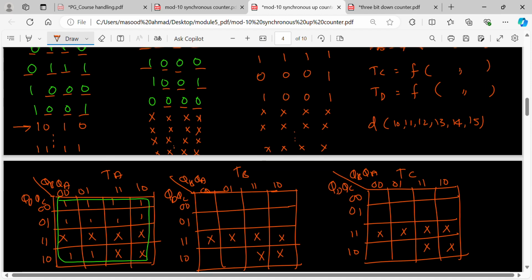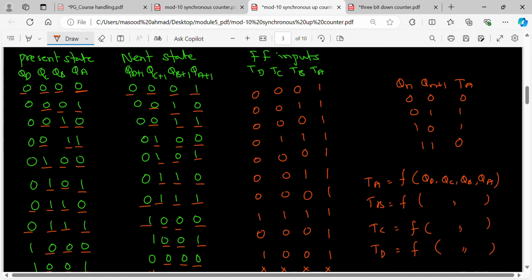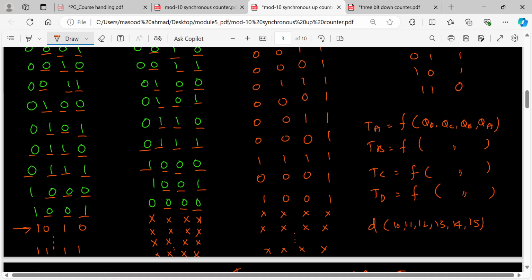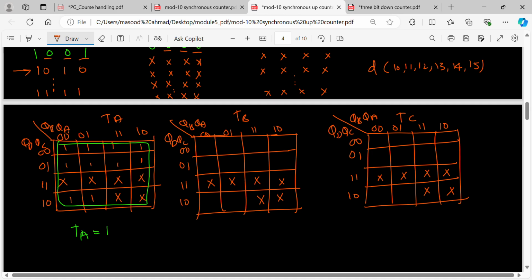Now if you look at it, for example, for TB it is 1 for 0101. This is exactly the sequence we have till 9. So 01, then 01, 01, then 01. The expression for TB is this much. Rest all are zeros.